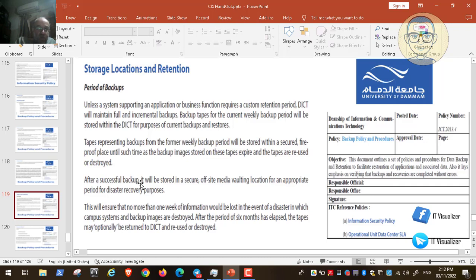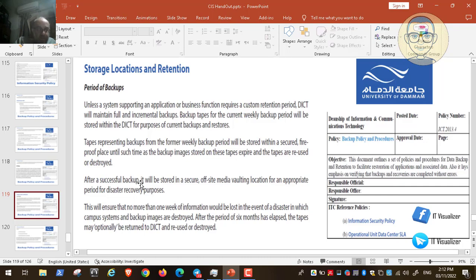First of all, 1 week of backup data will be stored within the facility or within the IT. For example, 1 week of tapes will be left in the IT office. As for the previous weeks, they will also be kept in the IT office, but in a fireproof safe, and it will be locked.